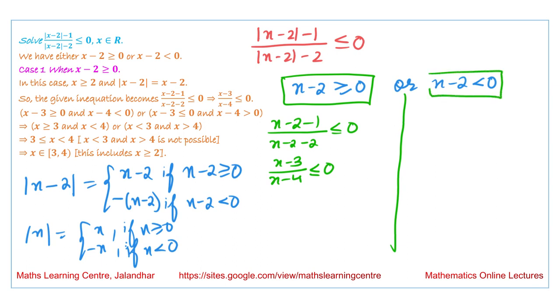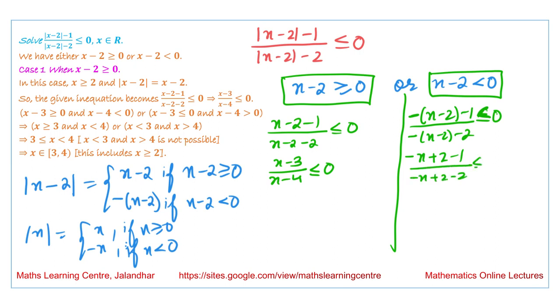In the second case, when x minus 2 is less than 0, this value will become minus of x minus 2 minus 1 over minus of x minus 2 minus 2, it is less than or equal to 0. So these values will give us minus x plus 2 minus 1 over minus x plus 2 minus 2 is less than or equal to 0.